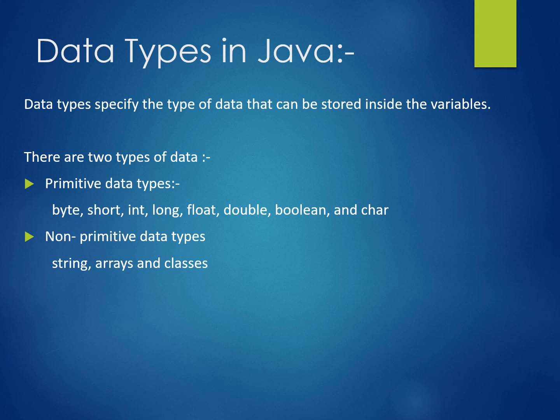Primitive data types are byte, short, int, long, float, double, boolean, and char. Each of these have different size of the data. And non-primitive data types are string, arrays, and classes. And these can be changed by the user depending on their requirement.